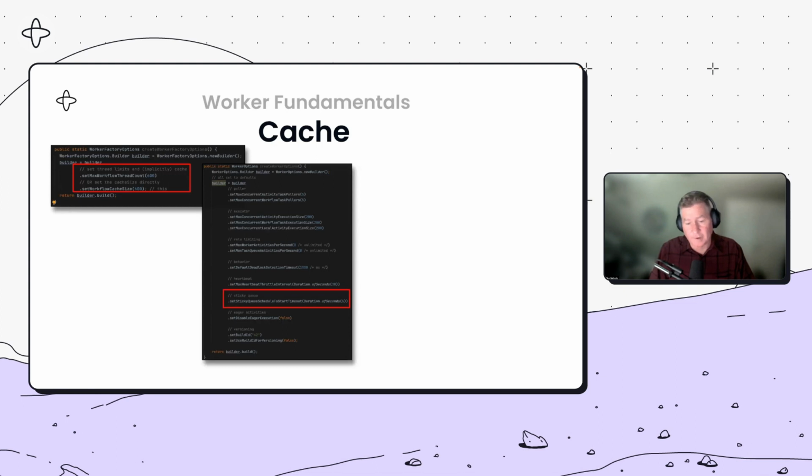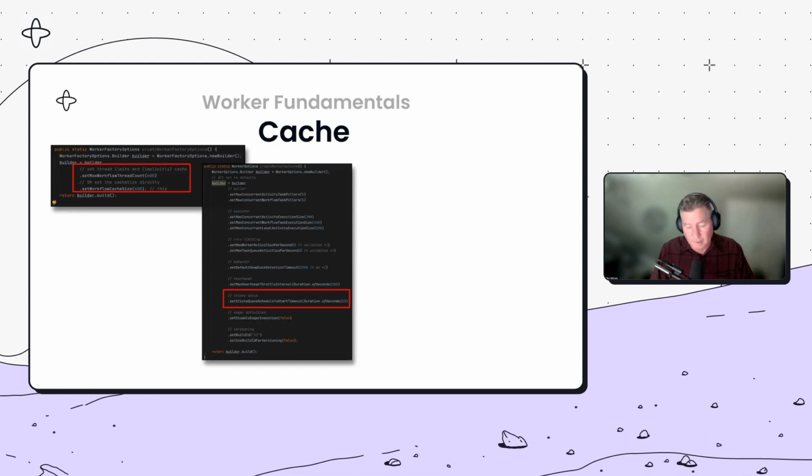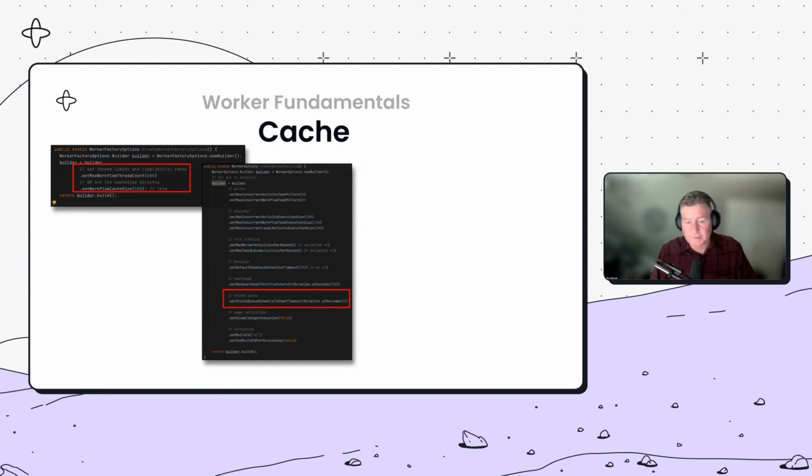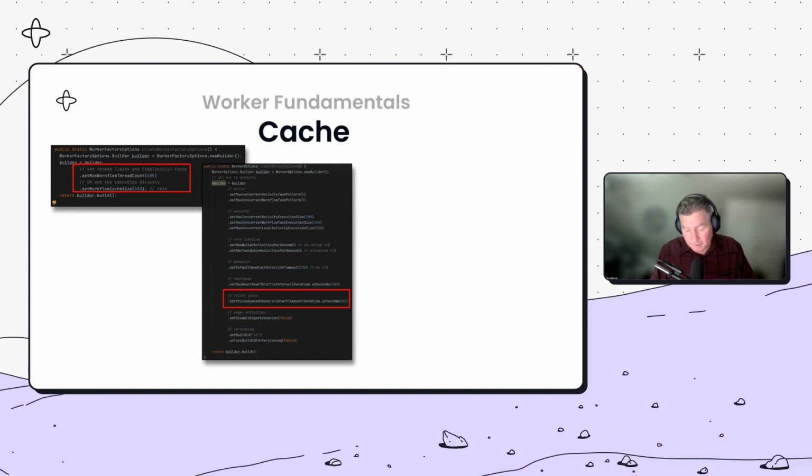For the worker configuration that's part of this worker factory, you can set the scheduled to start timeout.